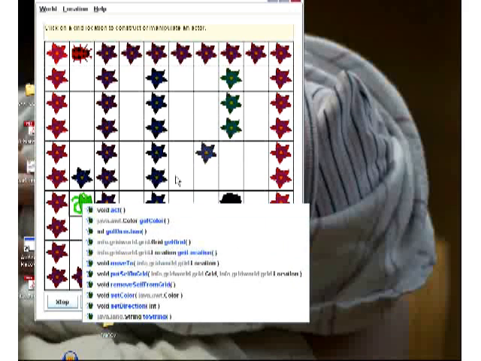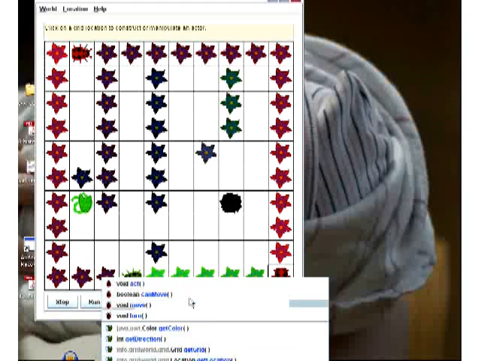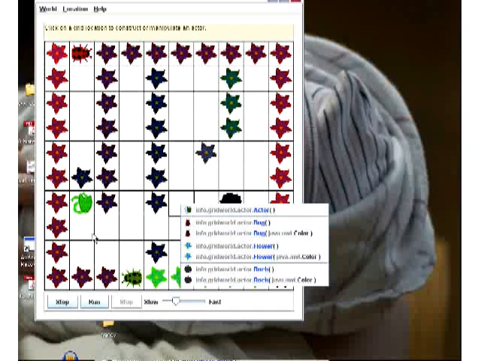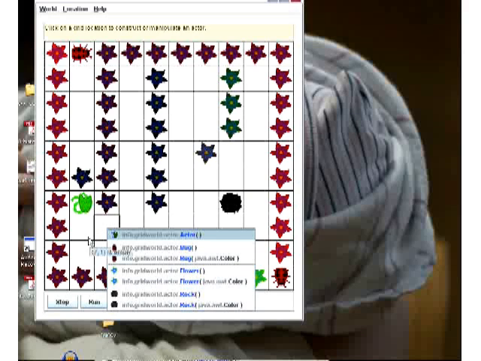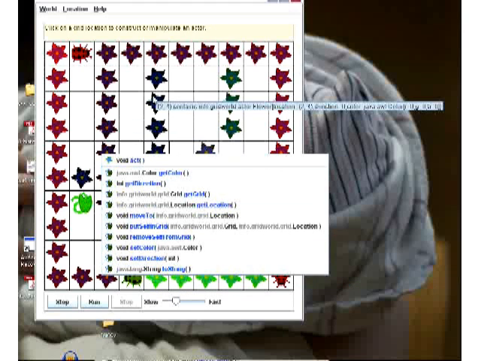But it does right here, with the separation of the methods, give you the opportunity to talk about how some of these seem to belong to bugs, some of these belong to actors. Like I said, I wouldn't use that day one. I would use that a few days in, but it is important to remember that GridWorld really does show you that, so as soon as you talk about inheritance, you can go back to GridWorld and pull this up, and they've already seen these opportunities.